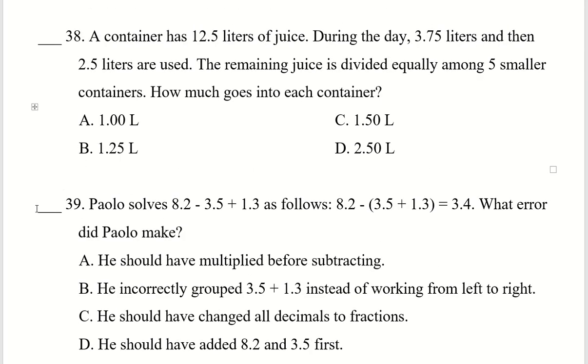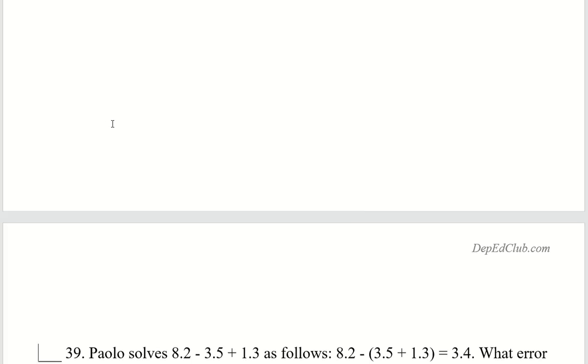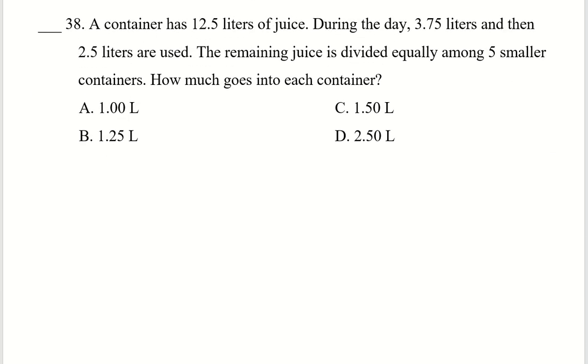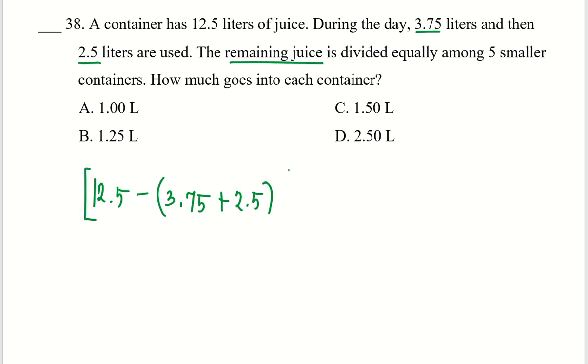So they use 3.75 and 2.5, so we have to subtract the sum of 3.75 and 2.5 from 12.5. Ayan po, 12.5, nabawasan ng 3.75, tapos nabawasan ulit ng 2.5. And then, yung tira daw po, they divided it with 5.